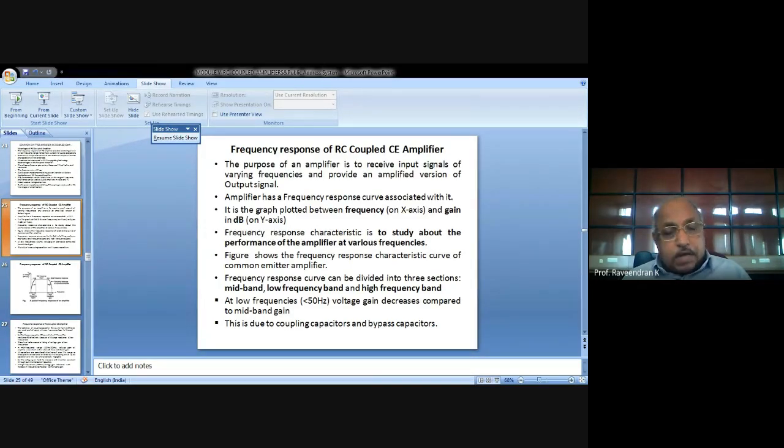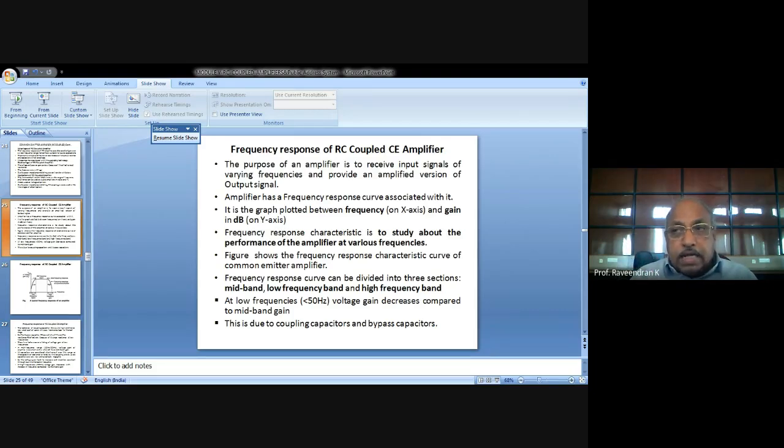So in a frequency response characteristic of an RC coupled amplifier, with the mid-band frequency say F, in the lower frequency level and upper frequency level, the frequency at which the mid-band gain falls to 0.707 AV is called the 3 dB frequency. That is the 3 dB gain frequency of the amplifier.